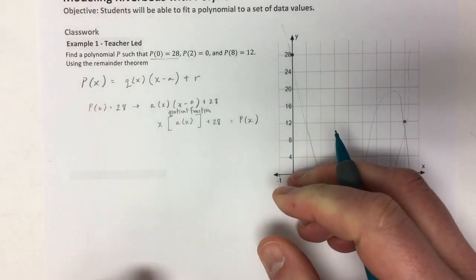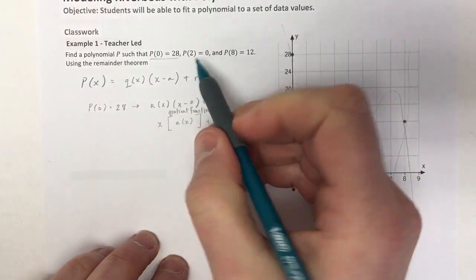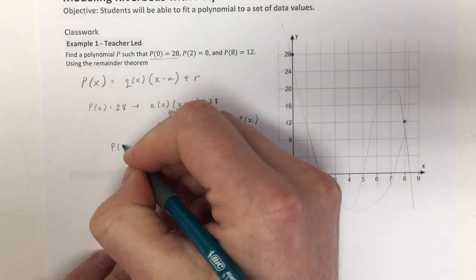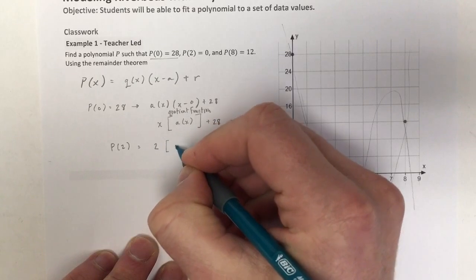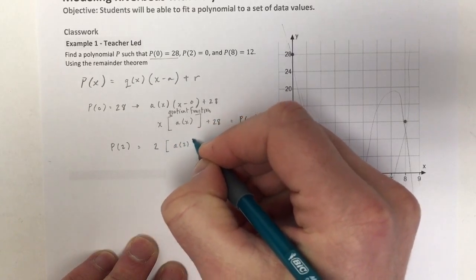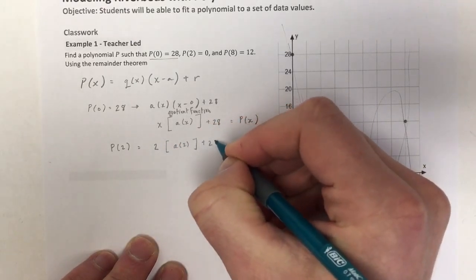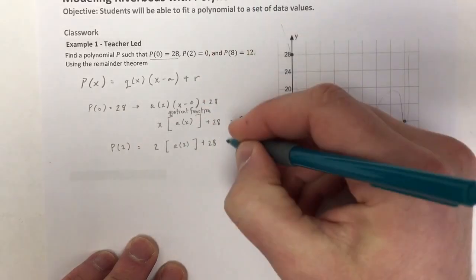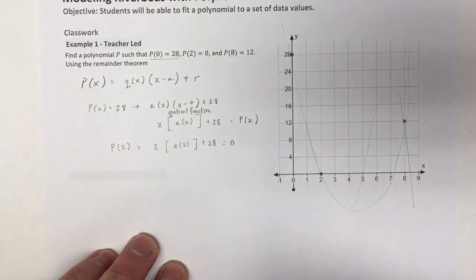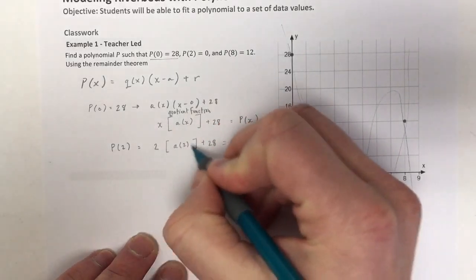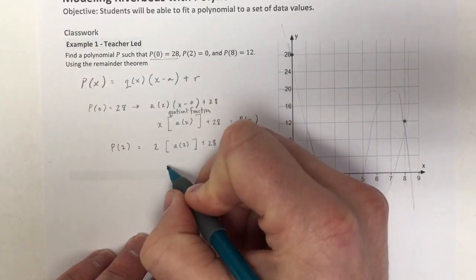Okay, and then I can use this with the next piece of data. So that means p of 2 is 2 times a of 2 plus 28, and that equals 0. And so now I can solve for this a of 2 function.